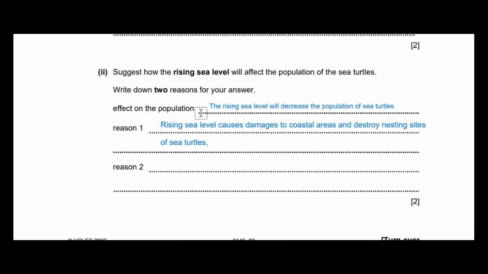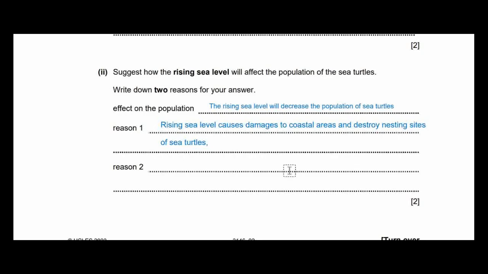For the effect on the population, this is an example of a possible correct answer. The rising sea level will decrease the population of sea turtles. Reason 1: rising sea level causes damage to coastal areas and destroys nesting sites of sea turtles.